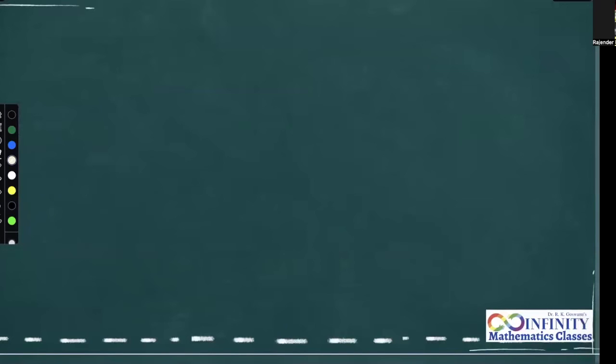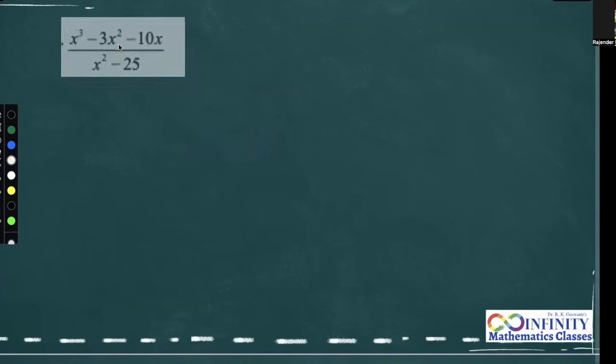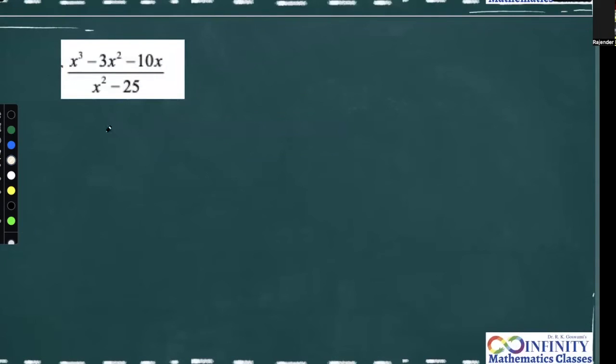I need to find the oblique asymptote. For the oblique asymptote, let me take you to a similar situation like we discussed in the beginning: the numerator is bigger than the denominator in terms of degree, and the degree is just plus 1.